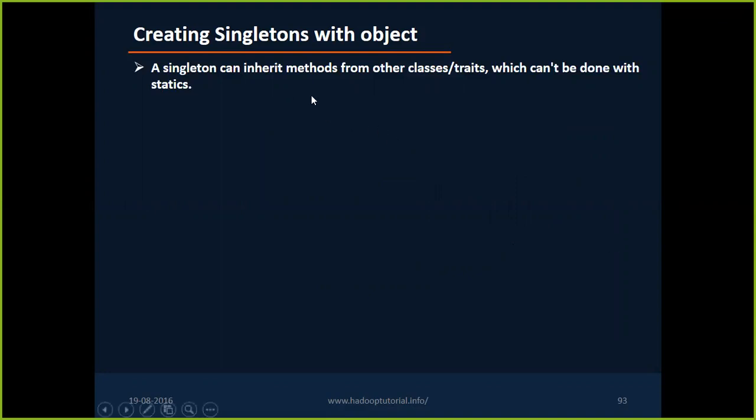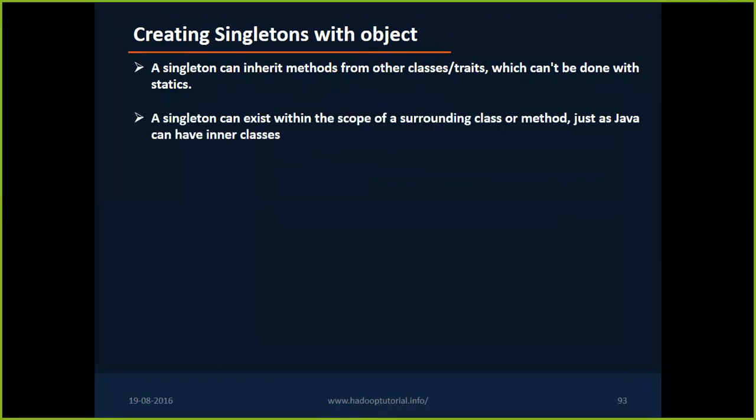Since this is an object, it is able to extend a trait also. You just have seen extends App. Whereas a static method or static field or a class static cannot be instantiated, right? It cannot inherit from other classes and traits, which cannot be done with statics.